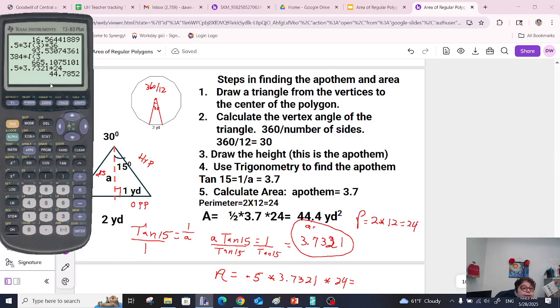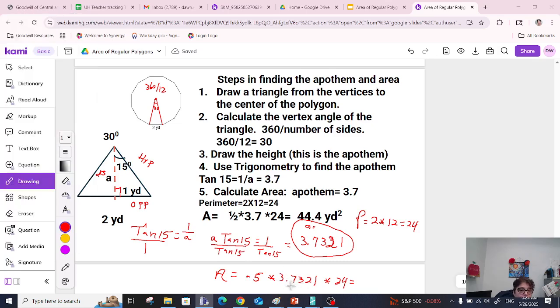So really, if I was looking on the back of a worksheet, it would say 44.8, not 44.4, because I rounded too early here. Does that make sense? That's why we're using this longer decimal right here. So the real answer is 44.8 yards squared. Now I can round because I'm at the very end of the problem.